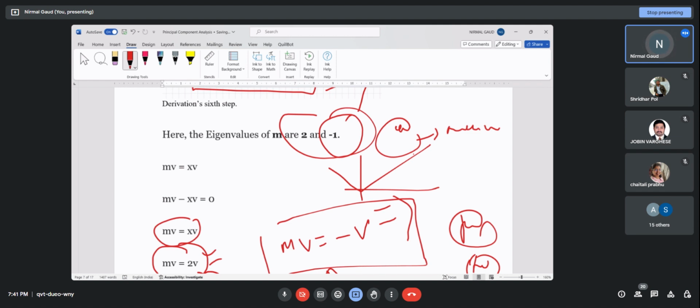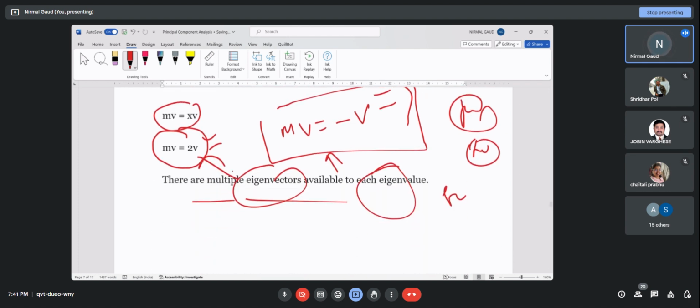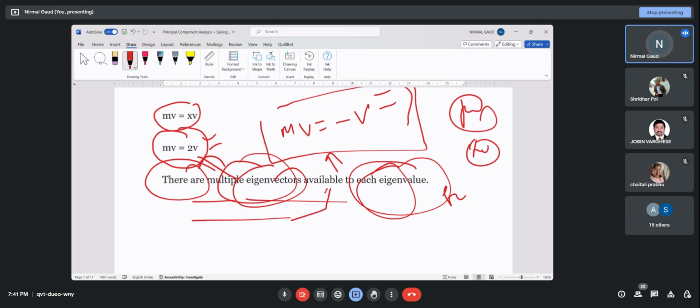Not from our own choice, we have to do something mathematically to make the principal components, and accordingly project the data over them. I got the vectors from here. Multiple eigenvectors are available: for each eigenvalue you are going to get an eigenvector.